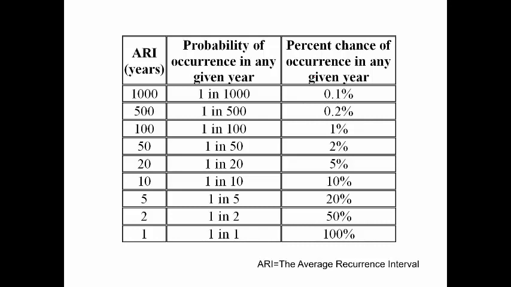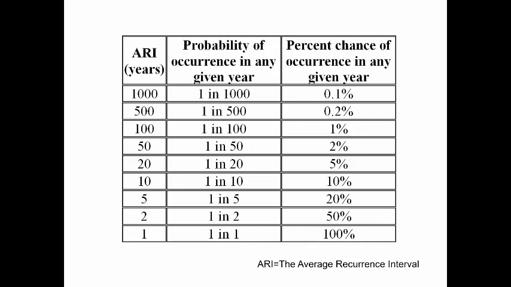So you probably have heard how people talk about, oh, this was a 100-year storm, or a 500-year storm, or a 600-year storm. That's the average recurrence interval. But that really has two interpretations.